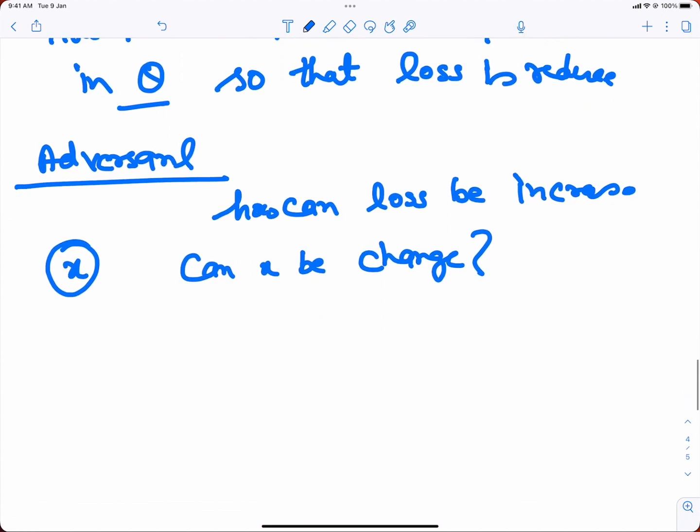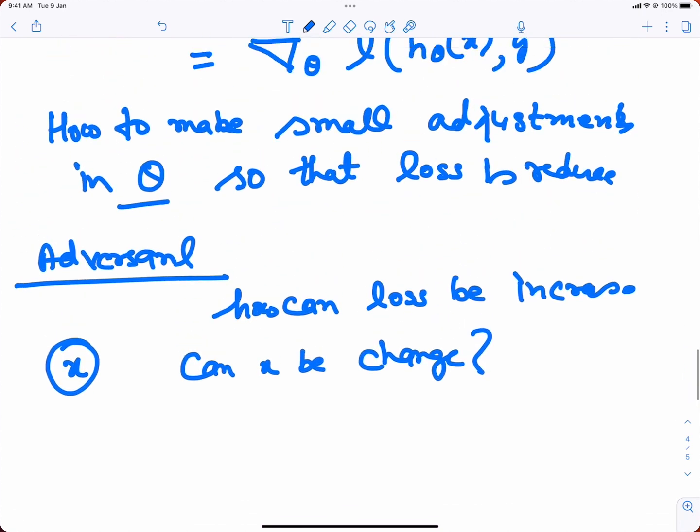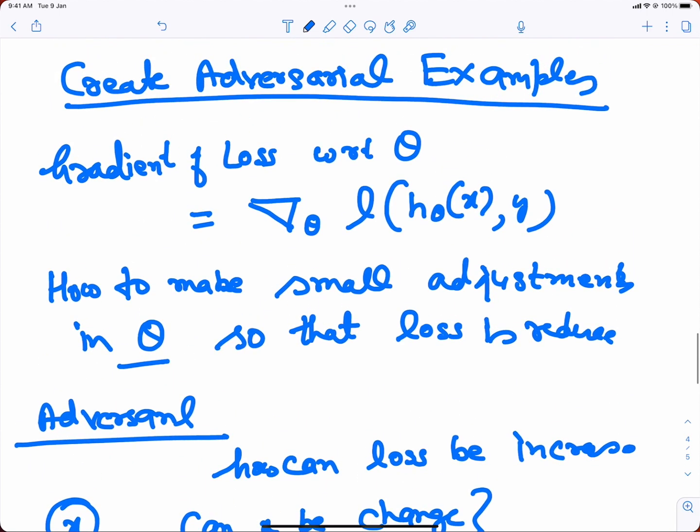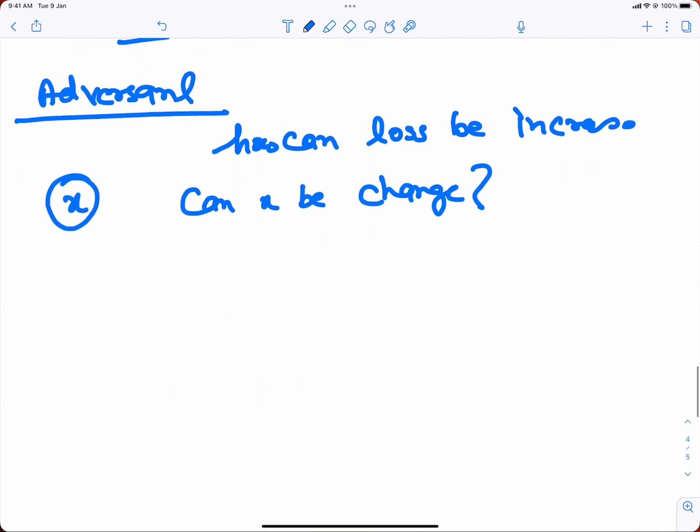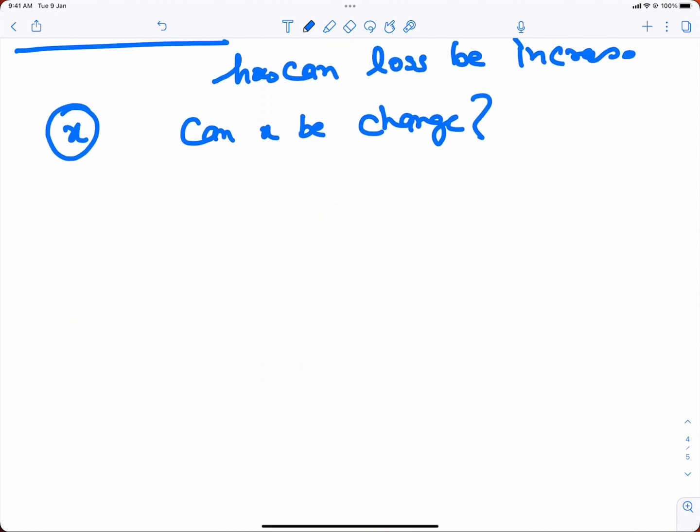Okay. So the idea behind this is, so far we have done the gradient of loss with respect to theta, because our objective was to change theta. Now if x has to be changed, then our objective is the gradient of loss. Loss can easily be computed.